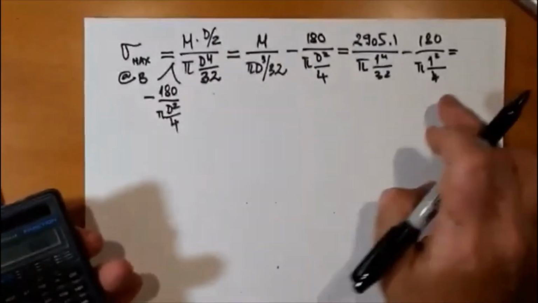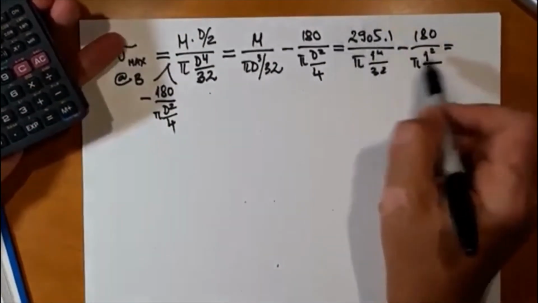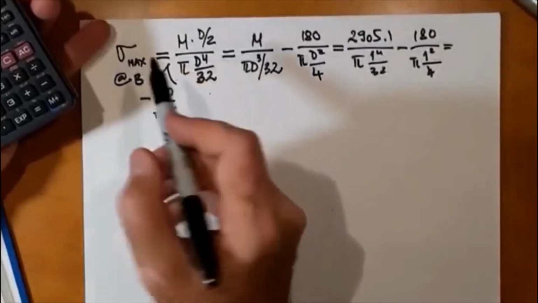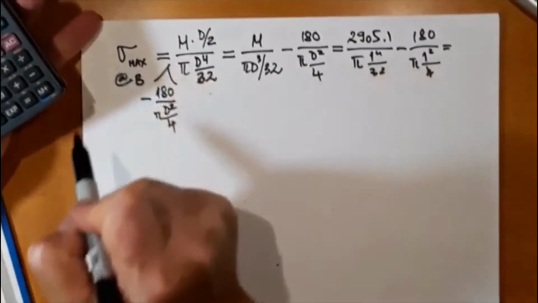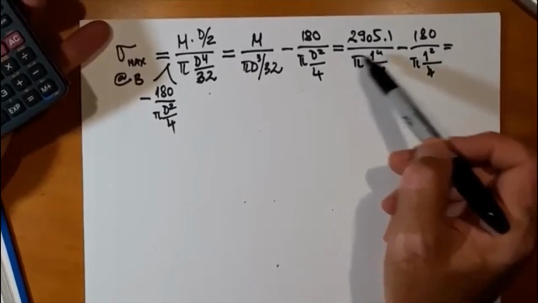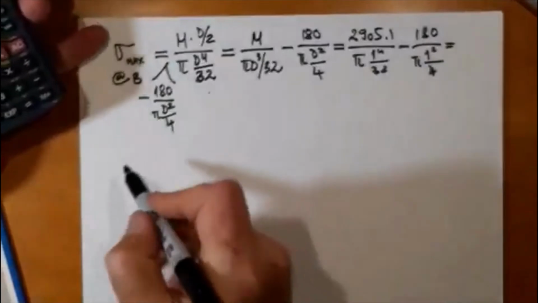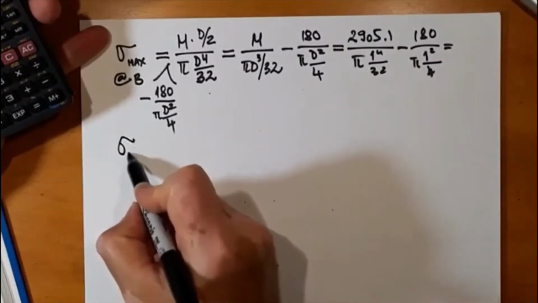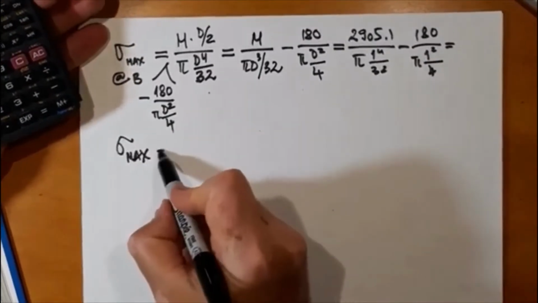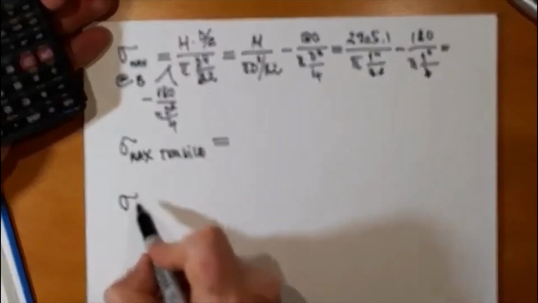Let's calculate this first, and then this one, and if I take them positive with a negative, it gives me the maximum tensile stress, and then if I take it the other way, negative and negative, it gives me the maximum compressive stress. Okay, so sigma max tensile and sigma max compressive.